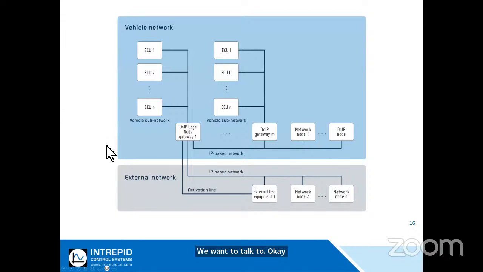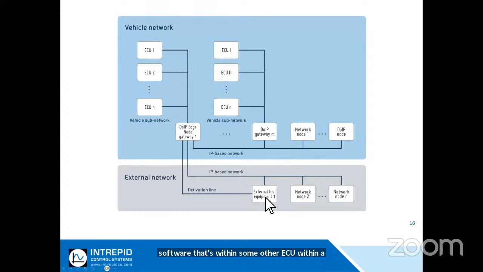And here's an example of how this could work, how it looks within the vehicle network. This edge node gateway 1 could be inside of a gateway box that's separate, but again, it really could just be software that's within some other ECU within a compute in an SDV.